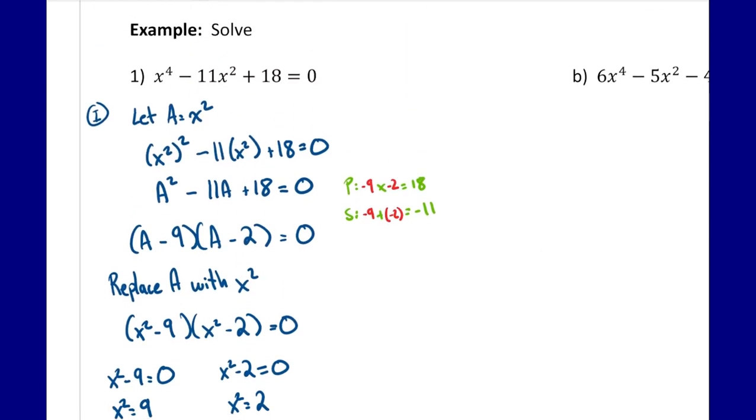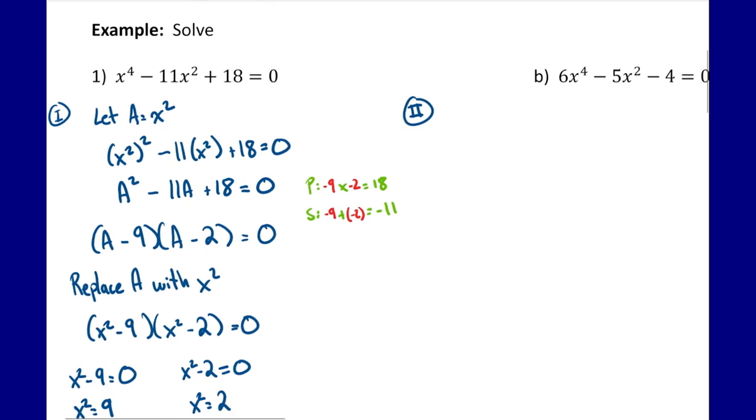The second way is still doing something similar. It's the same idea, except it's just recognizing a pattern. If I look at this polynomial, x to the power of 4 minus 11x squared plus 18 equals 0, you might say, well, this is close to a simple trinomial.